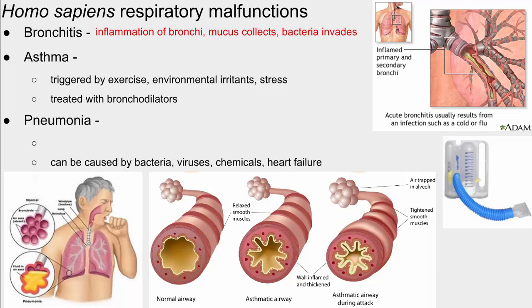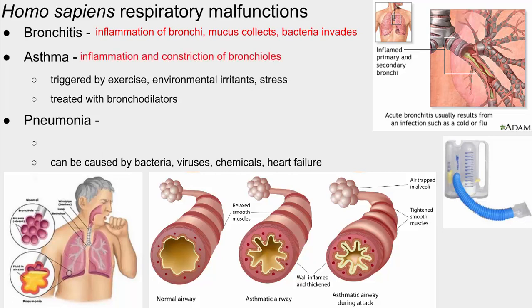You're coughing all the time, and that's what bronchitis is, inflammation in those bronchi. It can happen in different parts of the bronchi. Typically due to, like I said, a virus, a pathogen, bacteria.